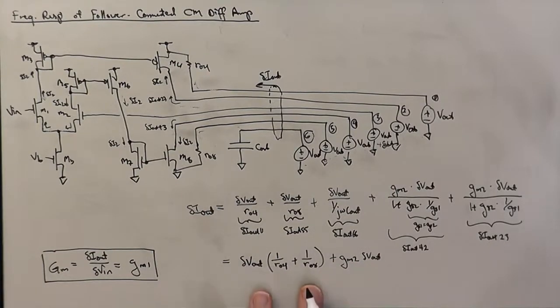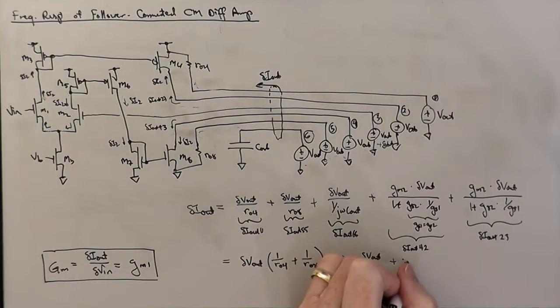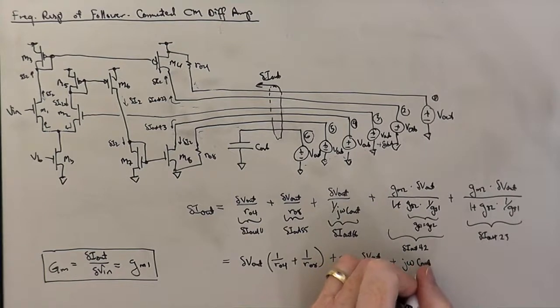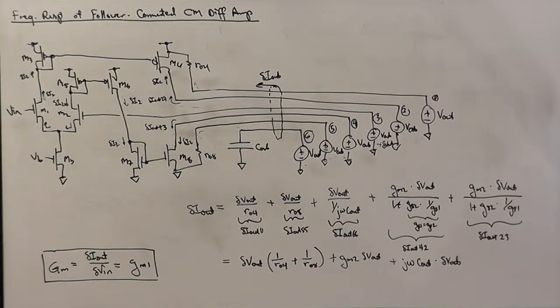So we have this one accounting for the first two terms, this one accounting for the last two terms, and then we've got the capacitor here. So the capacitor will pop up into the numerator, and this becomes j omega C out times delta V out. And this thing here is just 1 over RO4 parallel RO8.